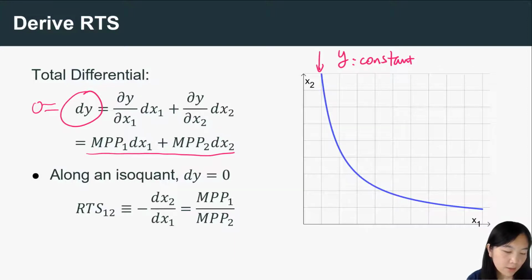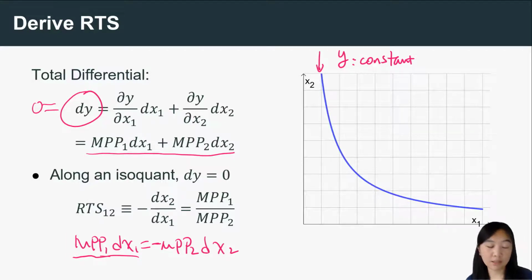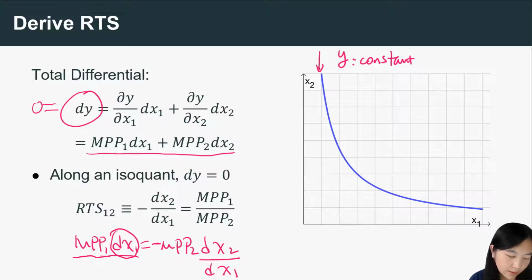Then we can write 0 equals MPP1 dx1 plus MPP2 dx2. If we put this to the left side, we can write this as the negative of that term. We further rearrange the terms to put this one on the right, and then we can put this MPP2 to the left.